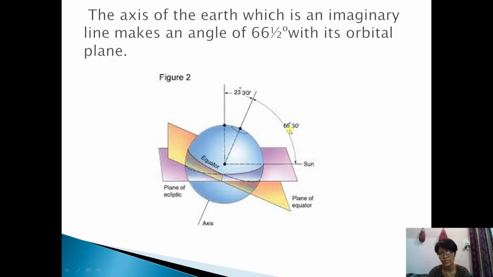Here I am showing 66 degrees 30 minutes, which means 66.5 degrees, the same thing. The axis of the earth is slanting and is an imaginary line we cannot see on the real earth. From here you have to calculate the angle with its orbital plane. This is the orbital plane.